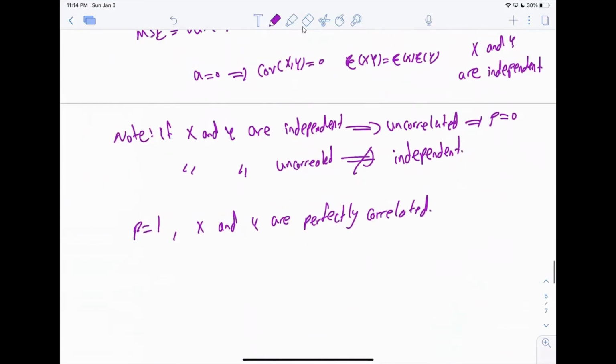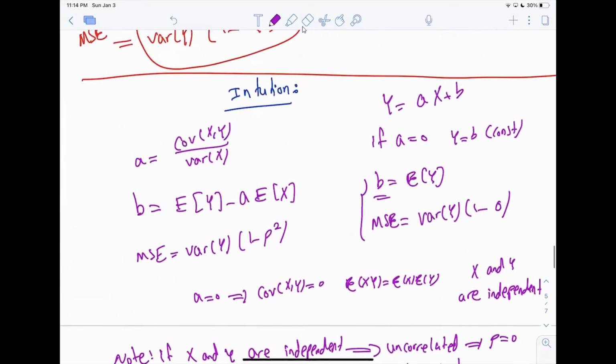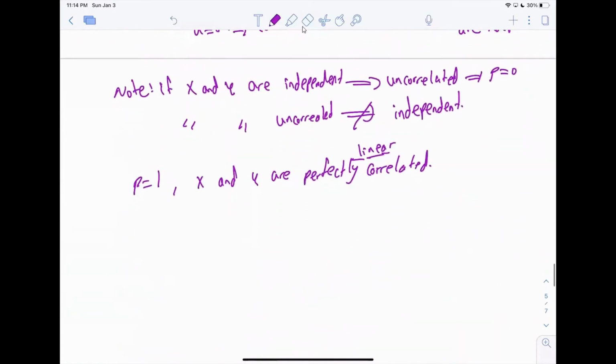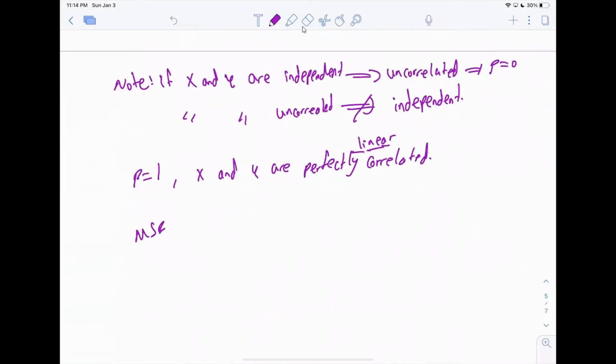This is the Pearson coefficient, right? So x and y are perfectly linearly correlated. Then what does it mean here? This means that the MSE is 0.